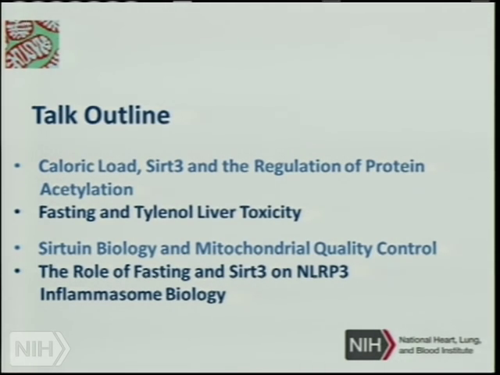So I'll go back to one specialty here, liver disease. And then look at certain biology more globally and its role in mitochondrial quality control. And then talk about a new study in the lab, which is unpublished, looking at the role of fasting and SIRT3 on a mitochondrial quality control immune program called the NLRP3 inflammasome.